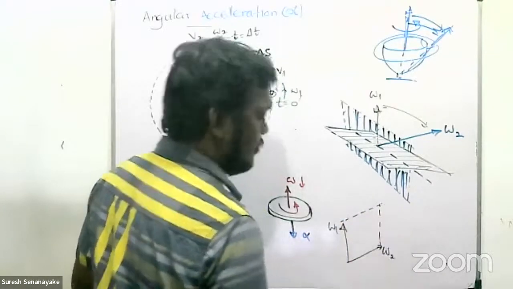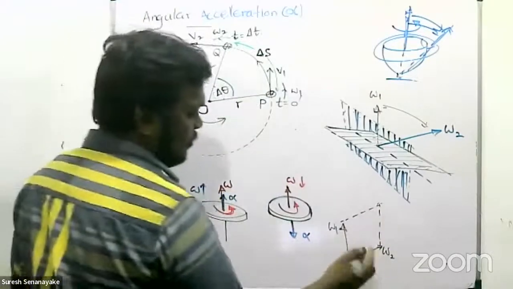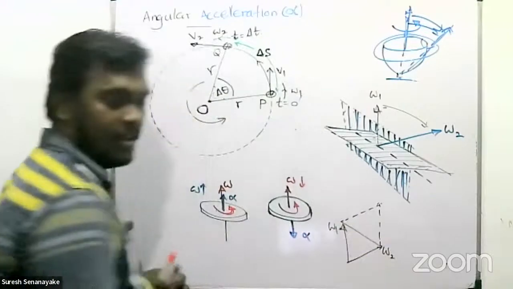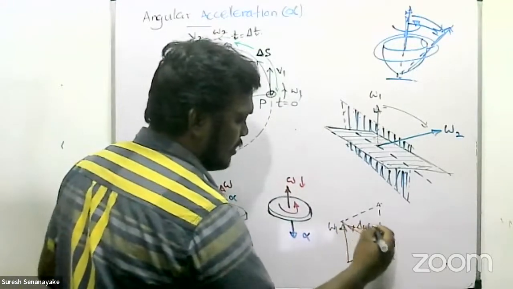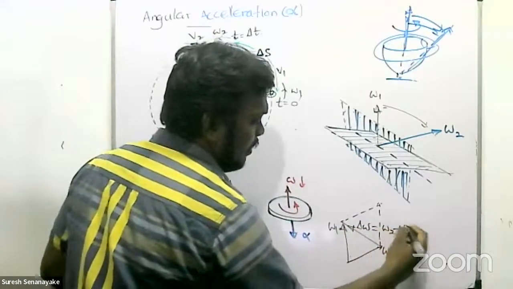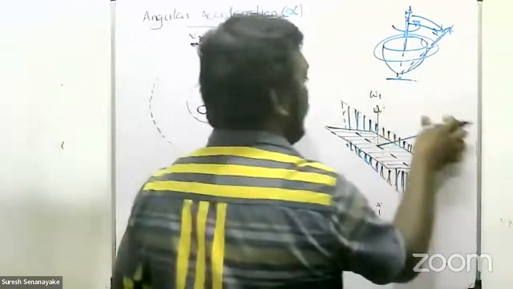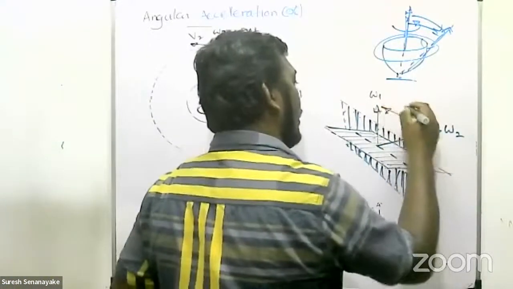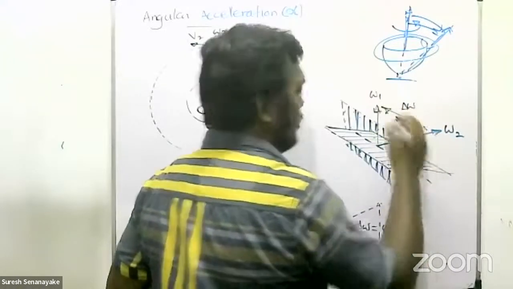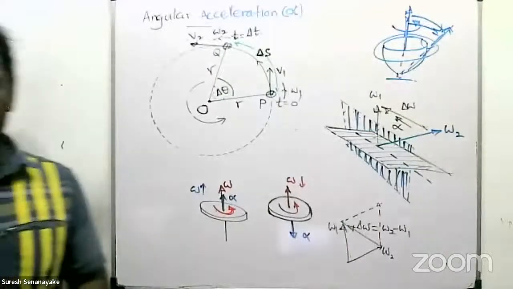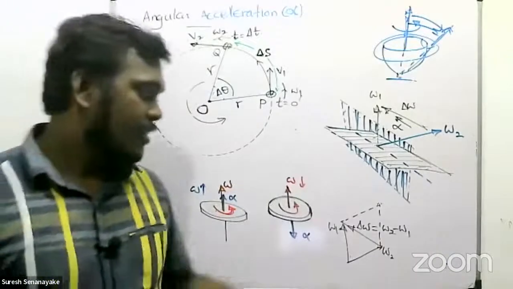In this parallelogram, this diagonal represents the sum of these two, and this diagonal represents the difference, delta omega, that is omega 2 minus omega 1. The direction of delta omega is this way, and the direction of angular acceleration is this way, the direction of change in angular velocity. Is it okay?